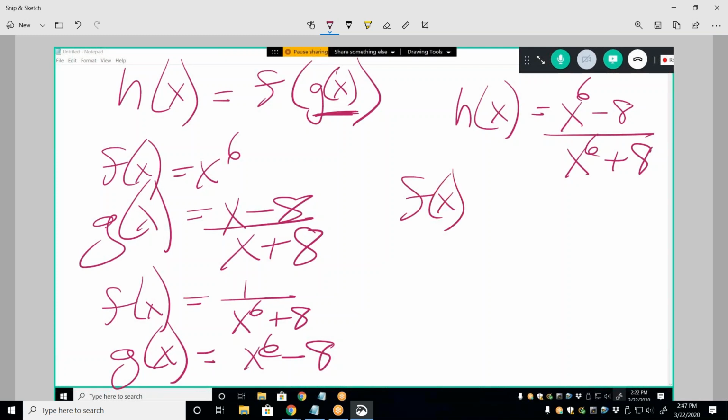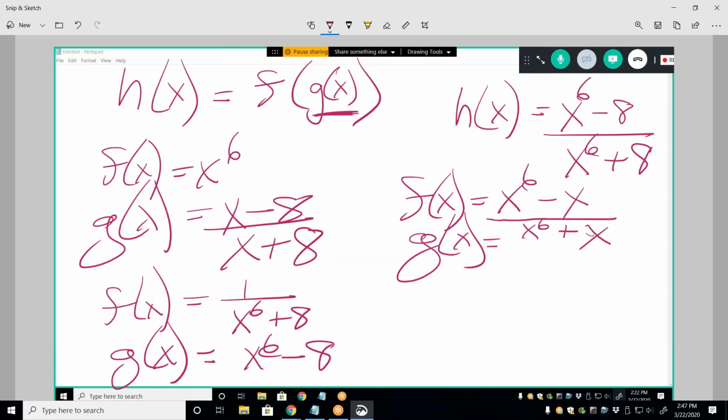C is f of x equals x to the sixth minus x over x to the sixth plus x, and g of x is different? No, so you got f of x is x to the sixth minus x over x to the sixth plus x. That's got promise.